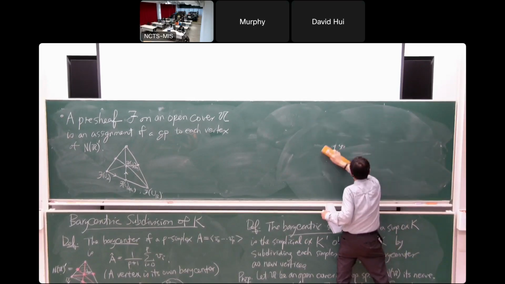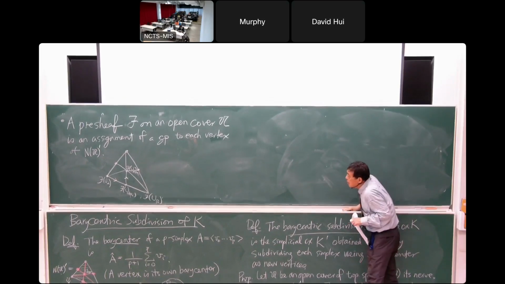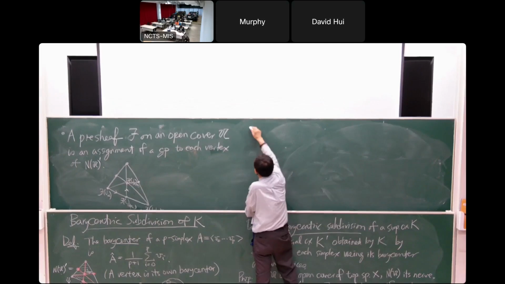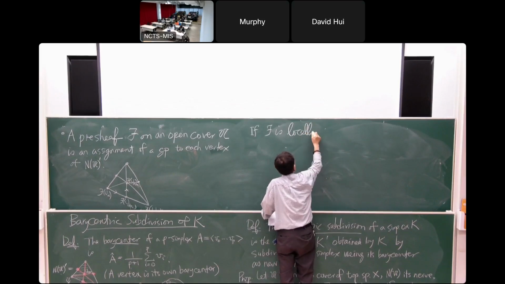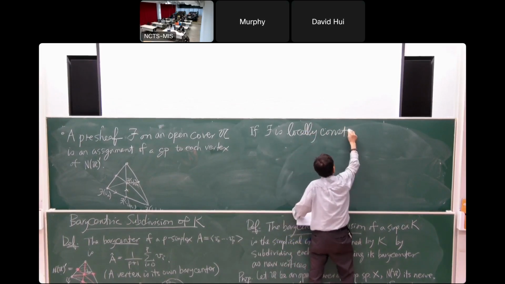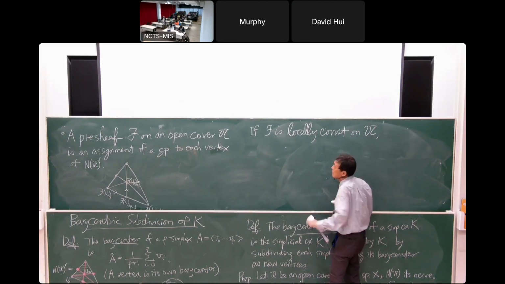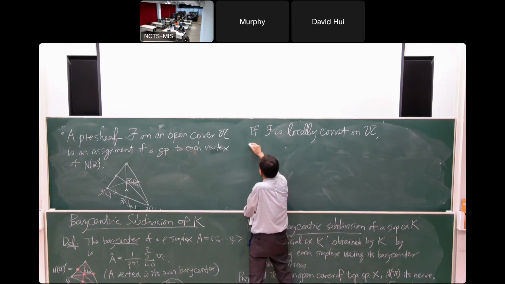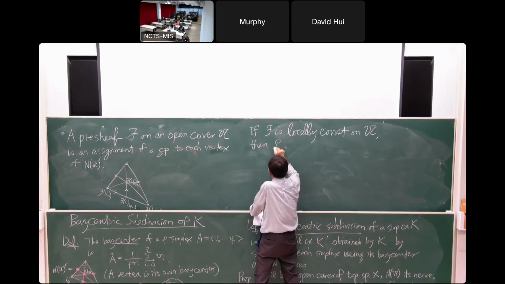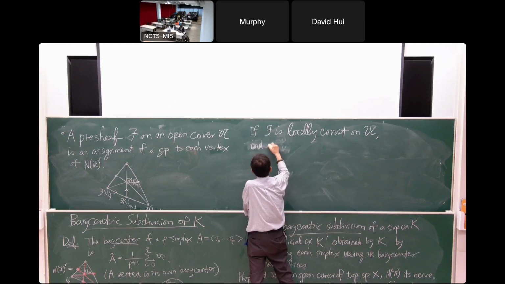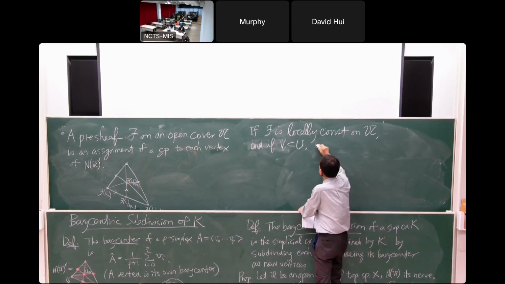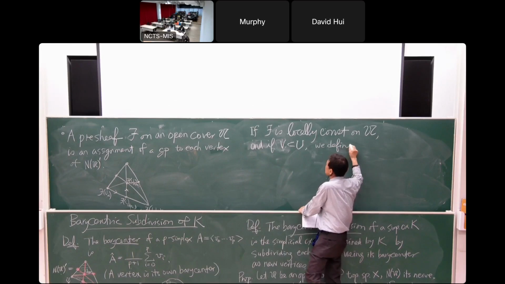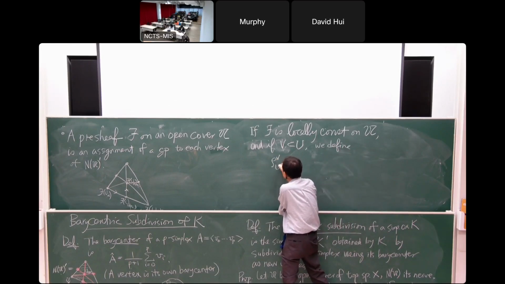So if F is locally constant on an open cover, and V is a subset of U, we can define rho of VU.